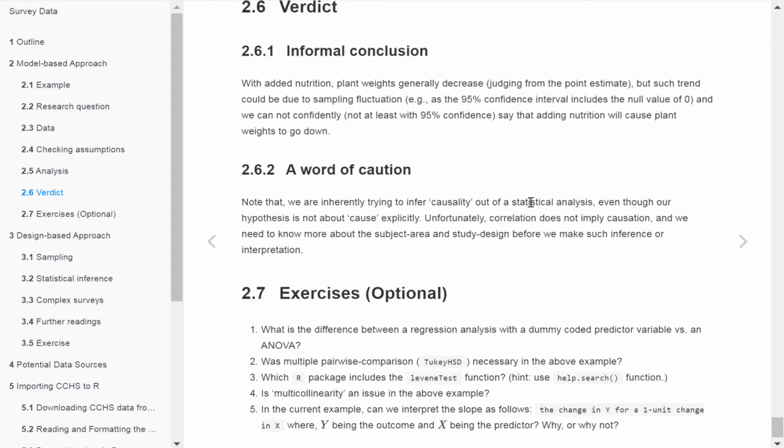So just based on looking at the data, it was not possible for us to justify whether there was any causation or not. We needed to have an understanding of how the experiment was done, and so we need some subject area knowledge and knowledge about the study design before we can make any kind of inference or interpretation properly.